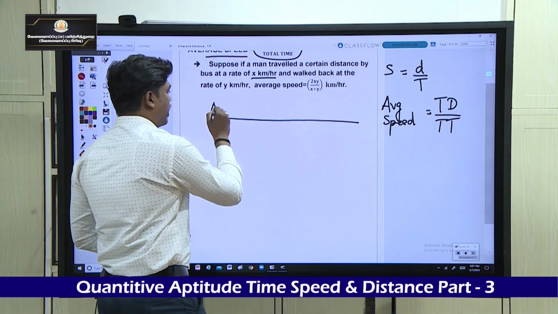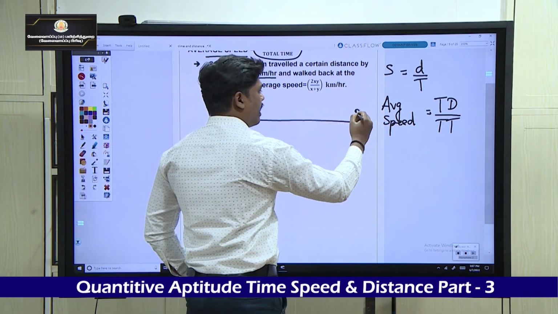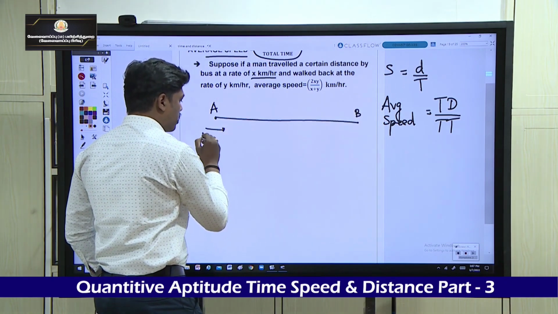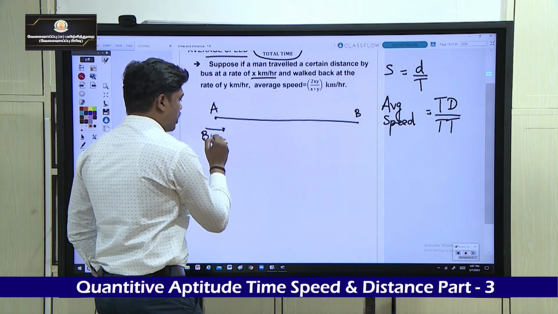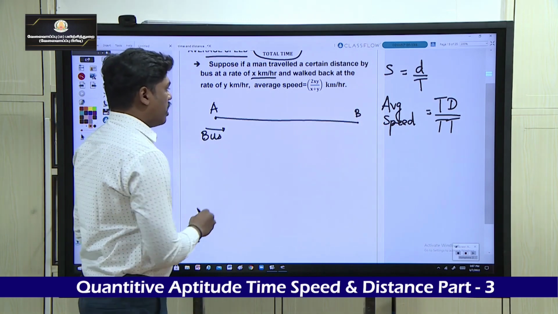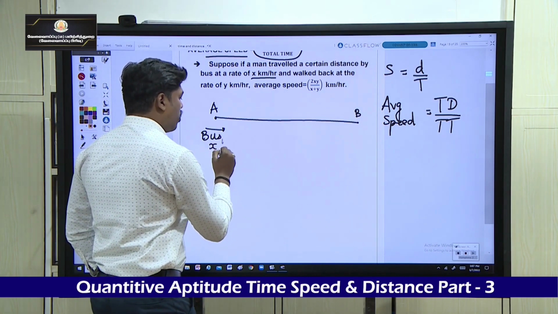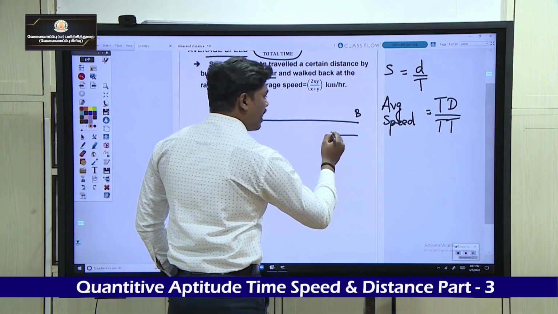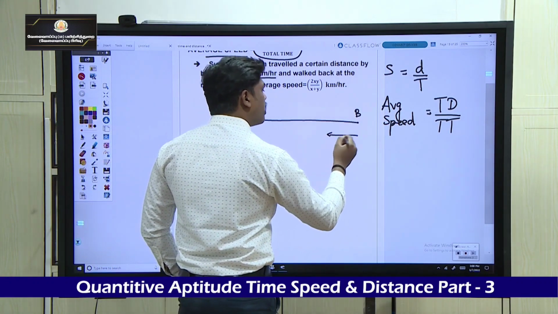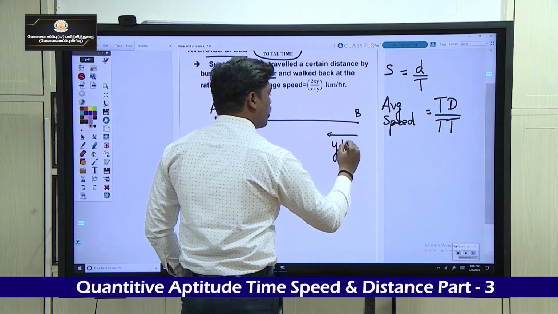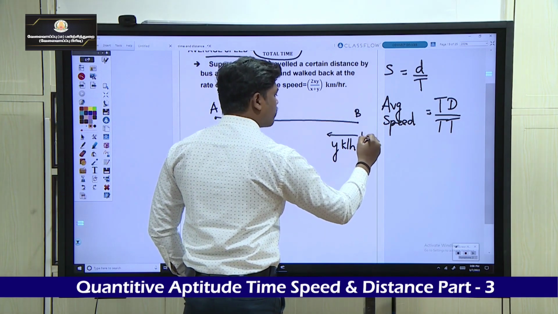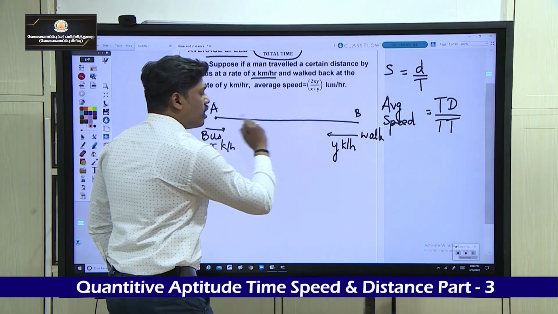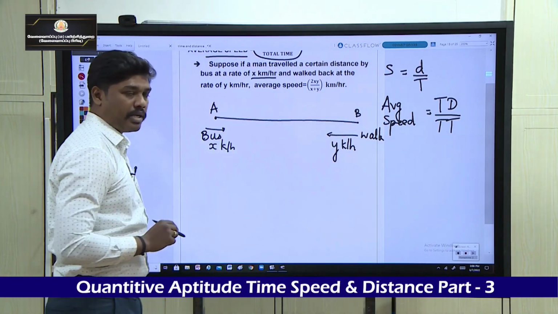This is taken as A and this as B. A person is moving by bus at a speed of x km/h, and coming back at a speed of y km/h. While coming, he is walking. So, what is the overall average speed?